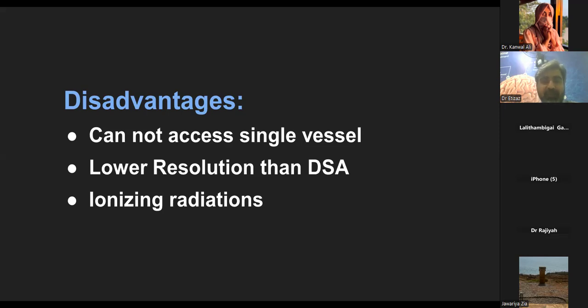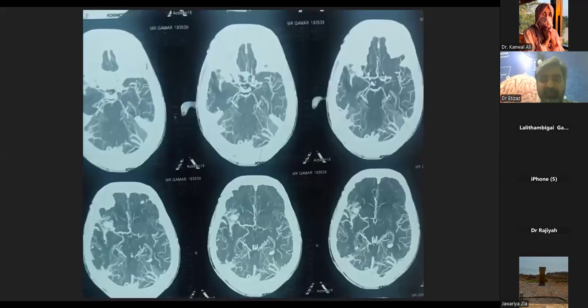This is the drawback of CT compared to DSA. It has a lower resolution than DSA, that's why sometimes we miss the aneurysm. Sometimes we cannot assess the proximal, distal, and the neck as well as with DSA. And the last drawback, apart from the contrast, it also uses ionizing radiation. That is the disadvantage of CTA.